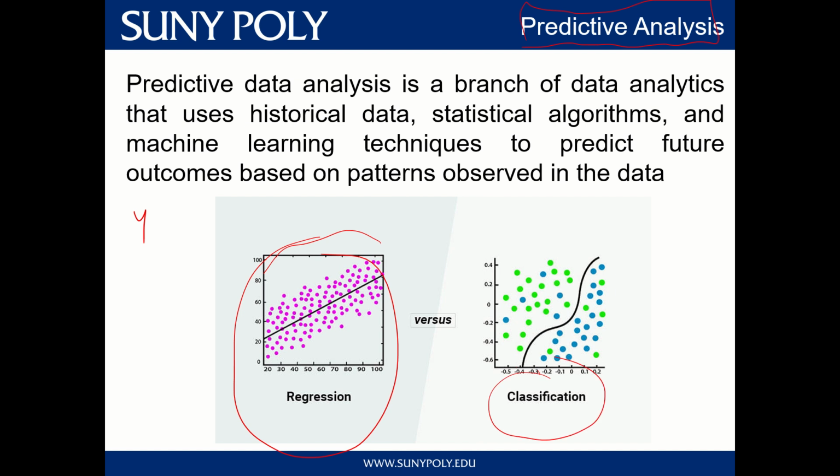In both cases, you want to predict a y variable using x variables. Now, what's the difference? The difference is that in regression, our y, our dependent variable, is numerical. In the case of classification, it's a categorical variable. That's the big difference. Now, let's see some examples. In the case of regression, let's say you want to predict a house price, like the price of apartments or houses. You want to create a model for that.